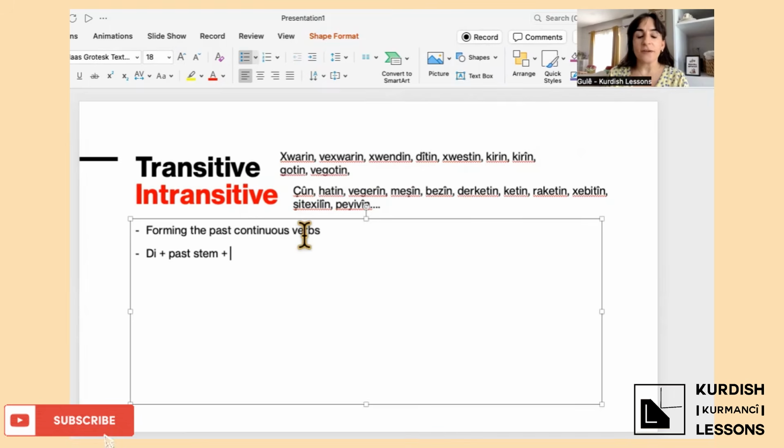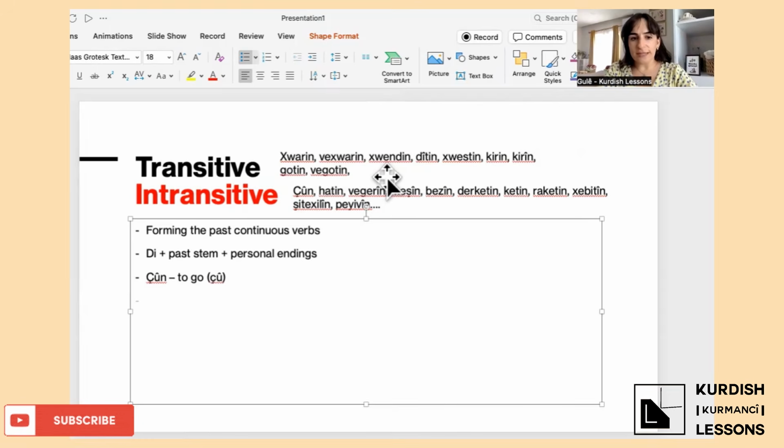Since it is with intransitive verbs, you need the prefix, the past stem, and personal endings. For example, let's have a look at chun. Chun is to go. The stem is chu. In the past tense, you say as chum, to chuyi, au chu, am chun, hin chun.